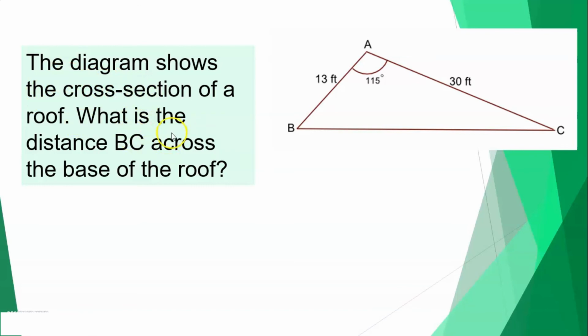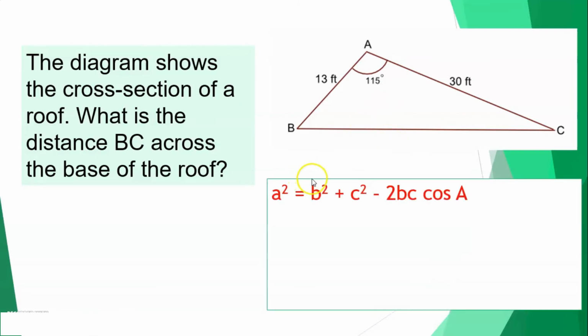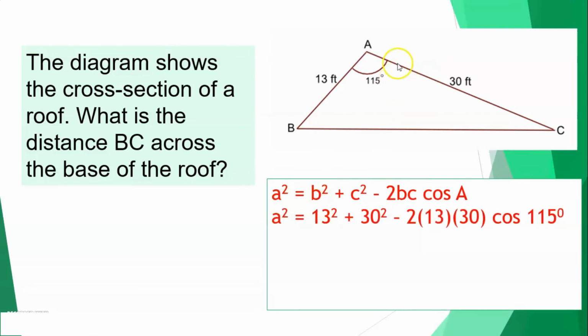The diagram shows the cross-section of a roof. What is the distance BC across the base of the roof? So with this, we will use the law of cosines in solving for BC. So we will use this formula. So we will substitute. Our B here, let's have this as 13, C is 30, and A is 115 degrees.